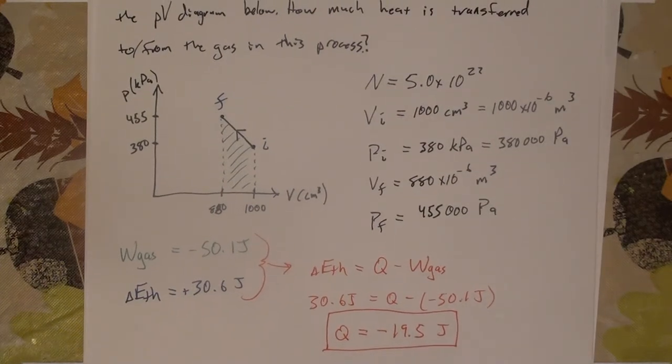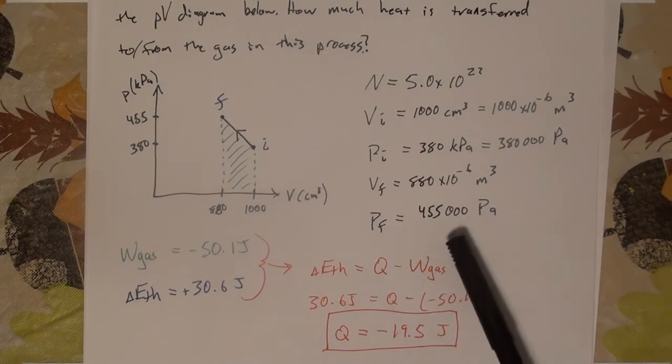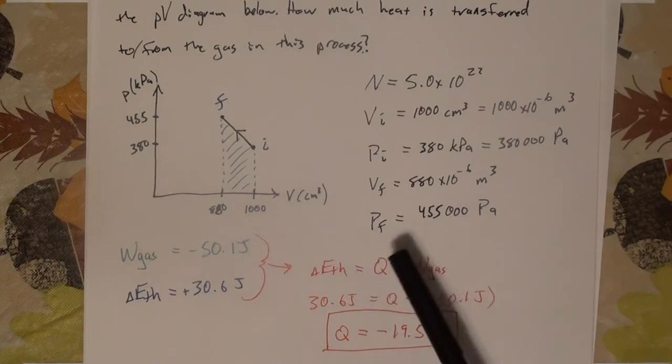So that is the ideal gas process example with some usage of the first law of thermodynamics, some exploration of finding the area here, and really finding the temperature from things we didn't know.